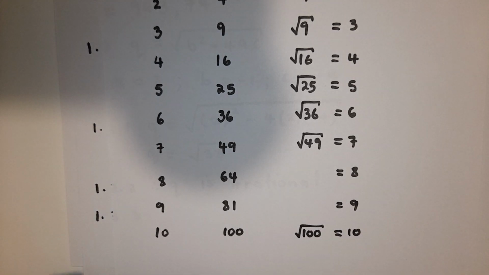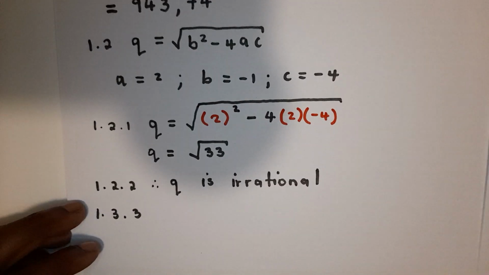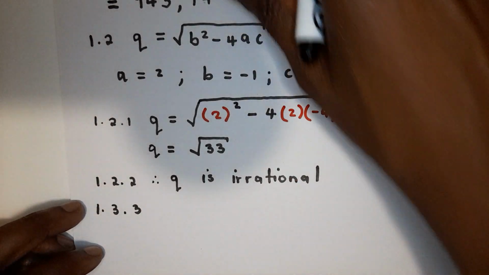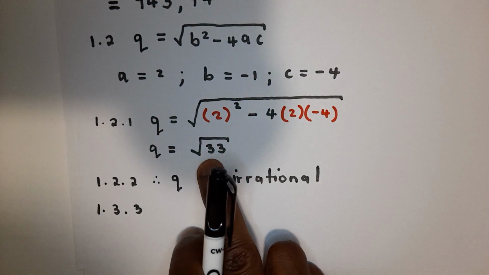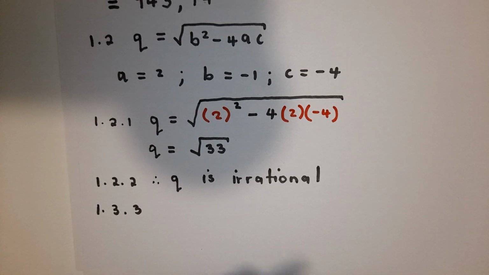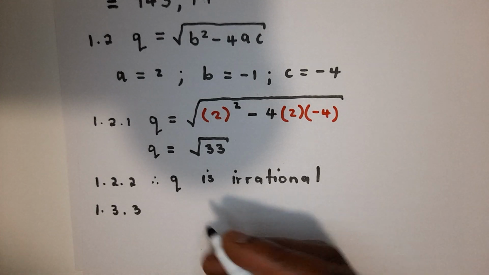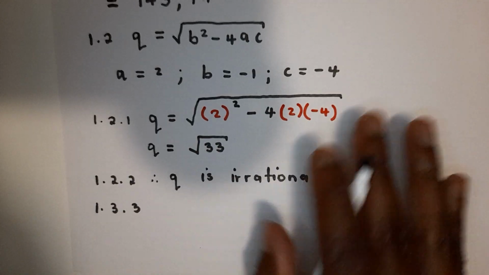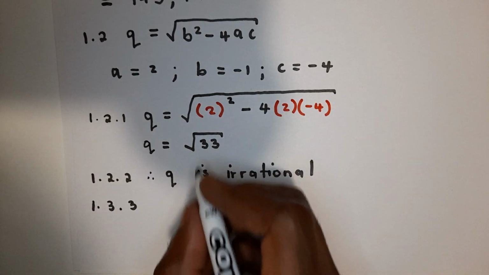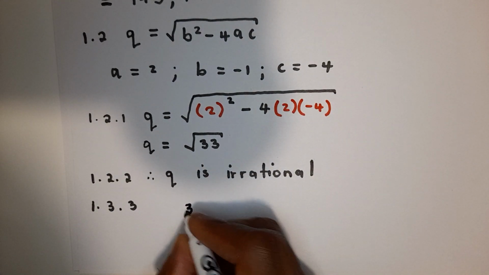Right, so what's the reason I do this, grade 10s? Simple. I know that the q that is given to me is root 33. So how one needs to answer this is, first rewrite this without a root. So without a root, root 33 becomes 33.